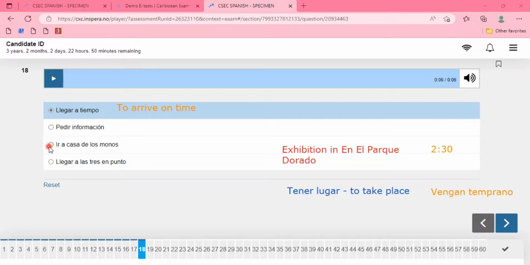And we know that this location was mentioned, but that's not the answer, because the instruction was that the viewers would need to come early or arrive at 3 o'clock sharp. So the best response, best option would be llegar a tiempo.